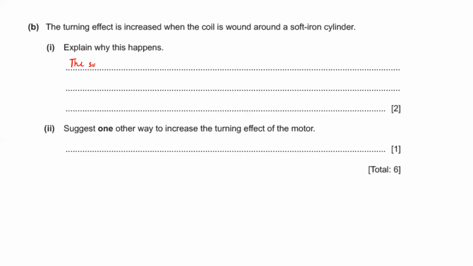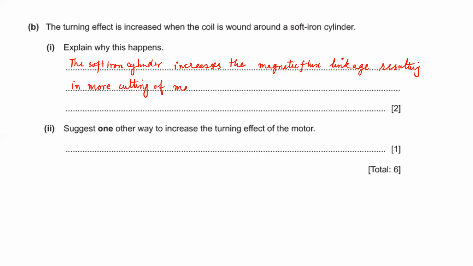We can say that the soft iron cylinder increases the magnetic flux linkage, resulting in more cutting of magnetic field lines, thereby creating more force.